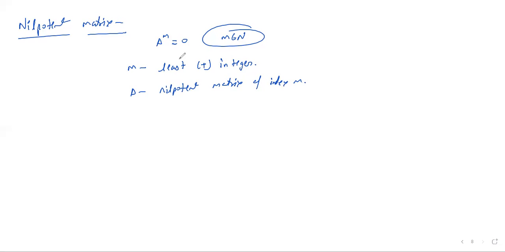So these are those matrices where A's power m is equal to 0. It means that at what power of A it became the 0 matrix. So a nilpotent matrix of index m: when we multiply A m times, then we get A's power m equals 0. So this is said to be the nilpotent matrix.